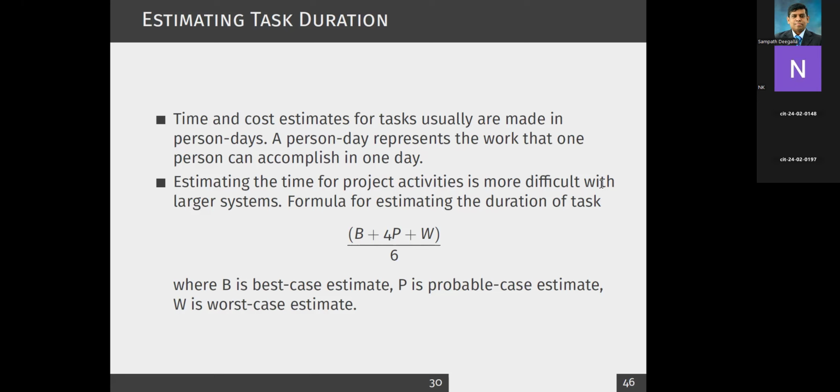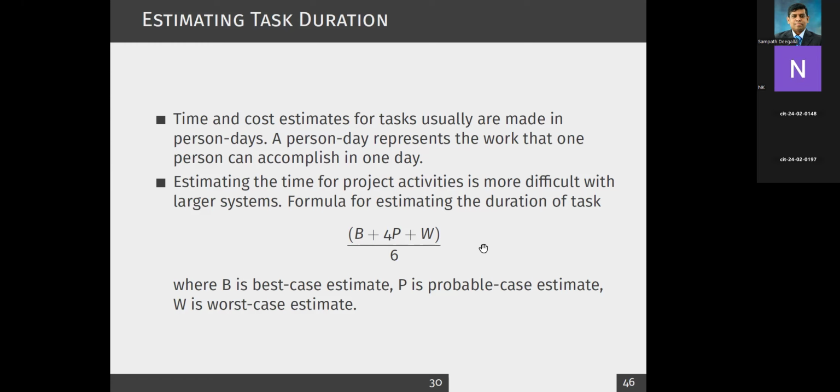We can contact a librarian, the staff, the users. So we need to know how long it will take to conduct the interviews, and how long it will take to conduct all the surveys, right? When you're estimating the duration, you will use this simple formula. So what is this formula? You will get the best case estimate.